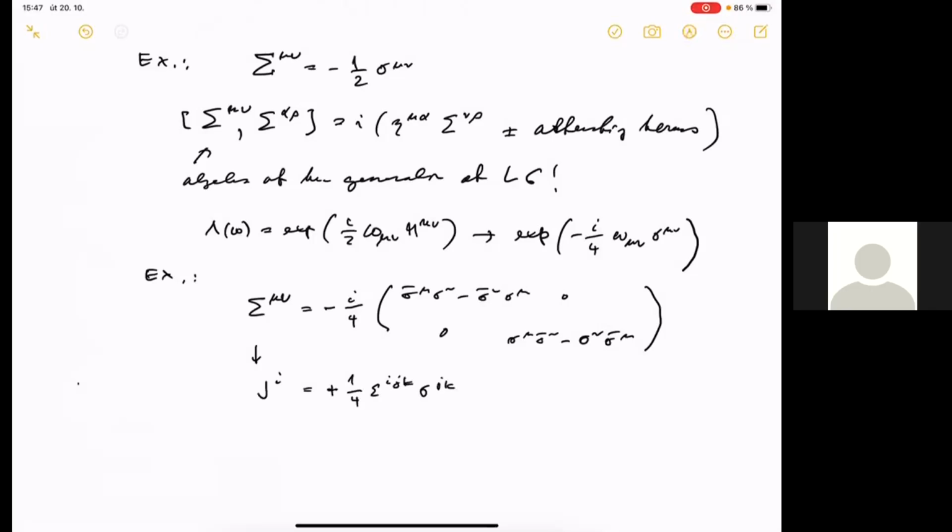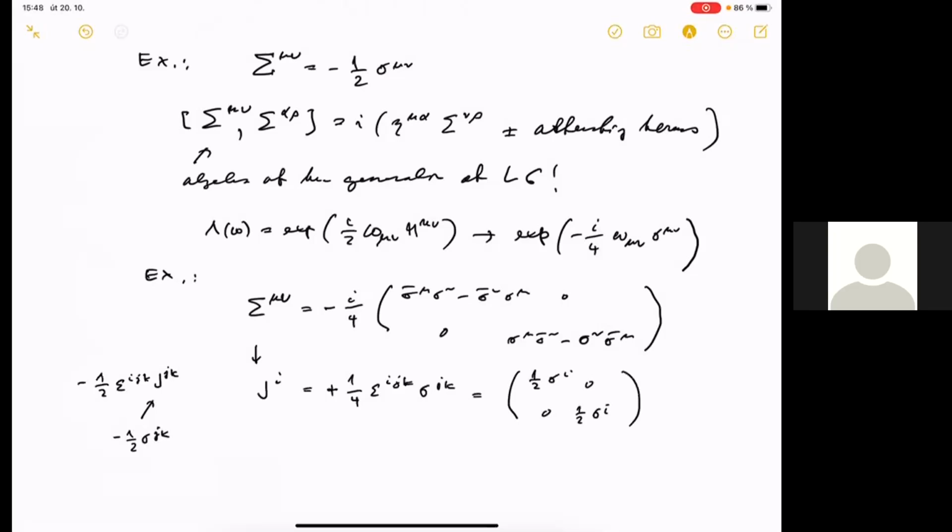Normally it was minus 1/2 epsilon ijk times J jk, and these J jk are now represented by minus 1/2 these sigma jk. If you calculate this, you find that this is nothing else but 1/2 sigma i, 0, 0, and 1/2 sigma i.